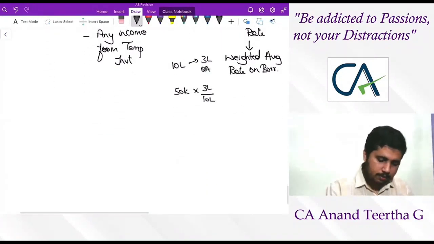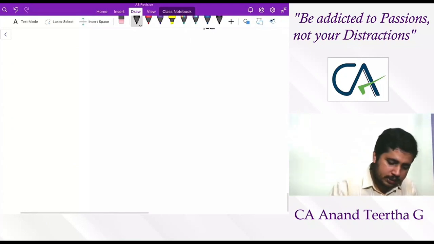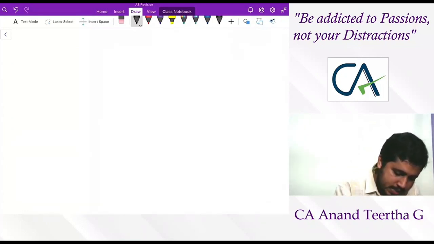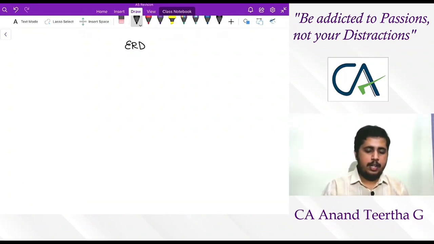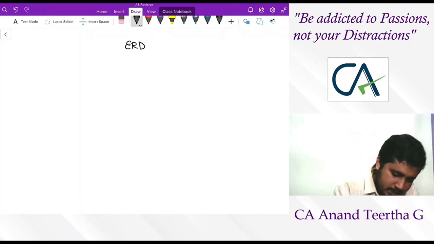Now, finally, the last part of this theory part of AS16 is about ERD. When does ERD come into the picture for the purpose of capitalization? ERD comes into the picture for capitalization if there is a foreign currency loan.